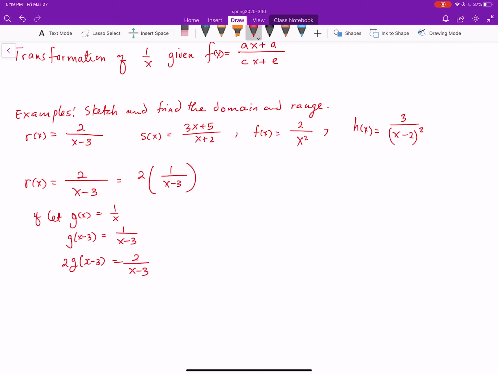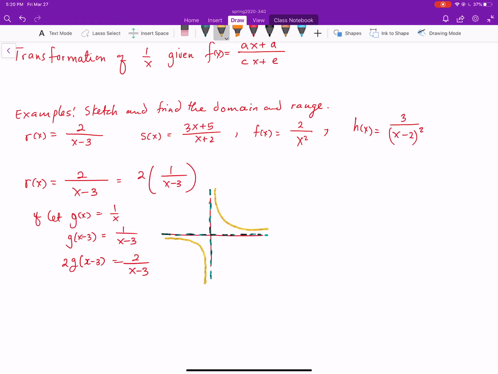So the graph of this is not that bad. All I know is that I'm starting with horizontal and vertical asymptote at 0 for x and 0 for y. And then I'm going to stretch this. When I stretch it, the graph shrinks, getting closer to the origin.